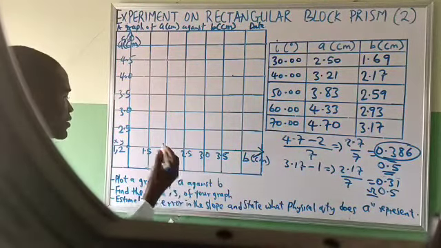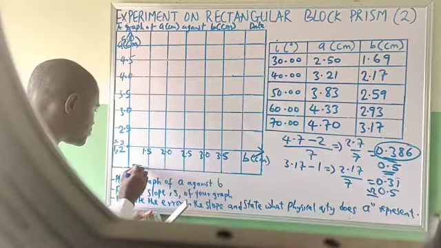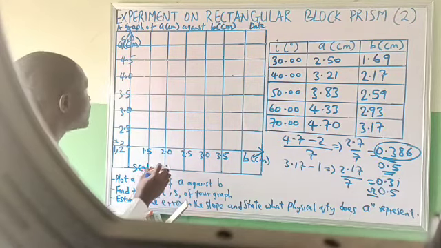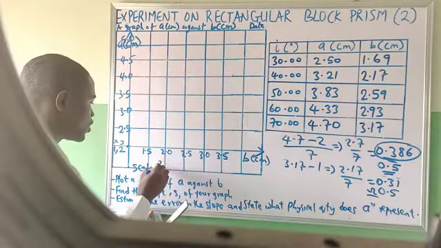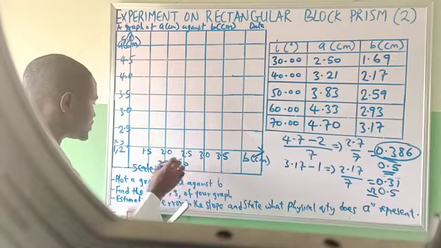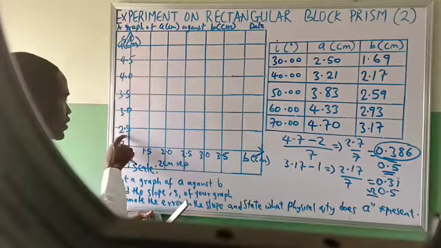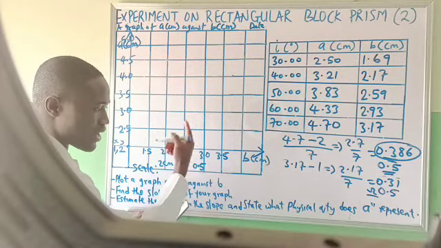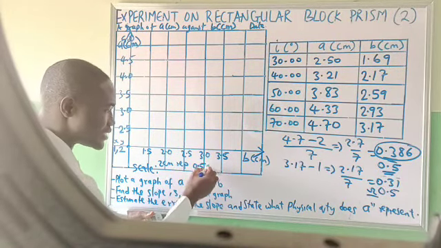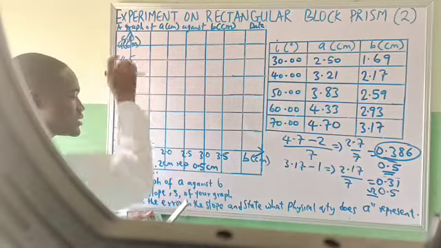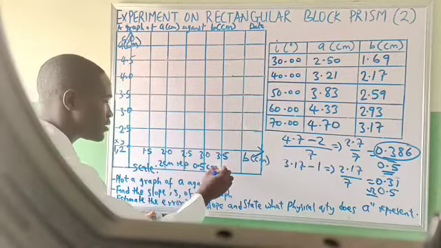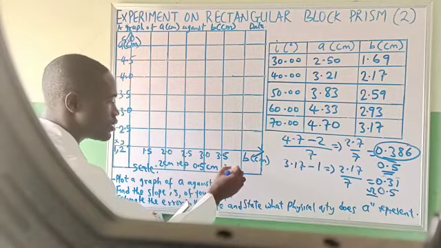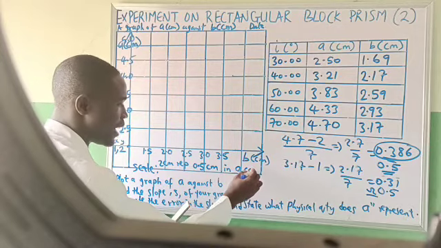You can now come and say, for my scale, 2 cm represent 0.5. Now I will not write unit. What I will write is centimeter, because unit of this is centimeter. In or on a cm axis.